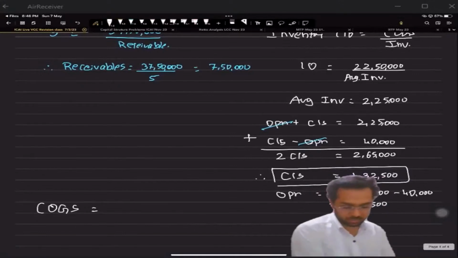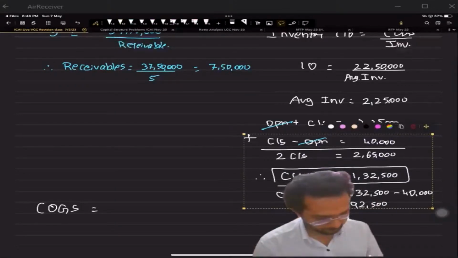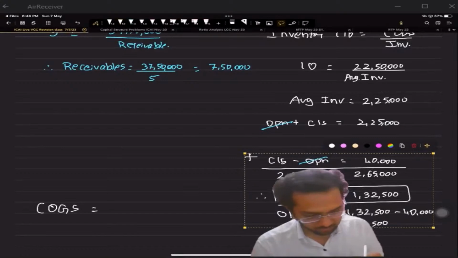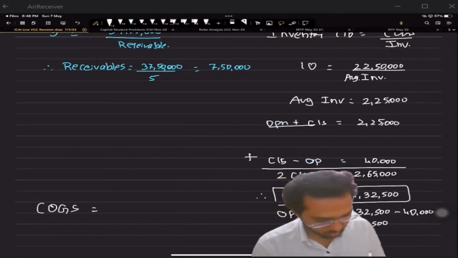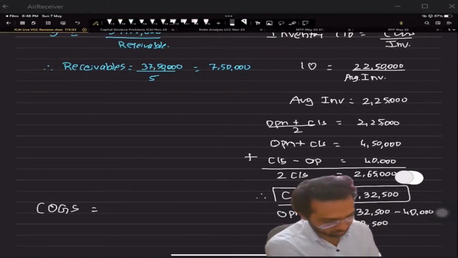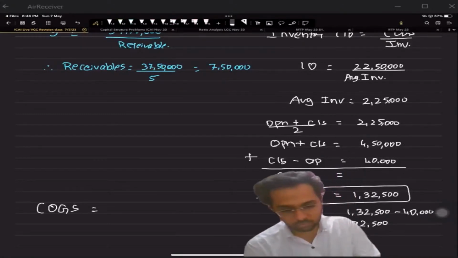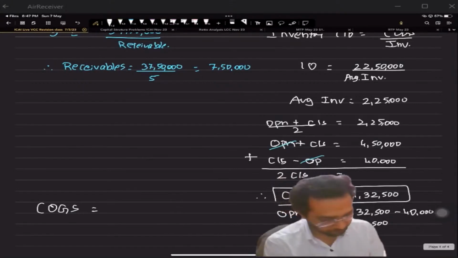One second, there is a mistake, I think. Yeah. So this is opening plus closing, divide by 2, right? These numbers are actually incorrect. Opening plus closing divided by 2 is this. So we get opening plus closing to be 4,50,000. And accordingly, my numbers are going to change. So 2 times closing stock will be 4,90,000.